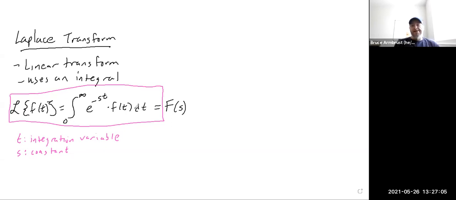All right, so let's talk about this a little bit before we actually calculate some of them, and think about some of the things we have to worry about. First of all, this infinity can potentially lead to some issues, right? Hopefully you remember that with improper integrals, sometimes they converge and sometimes they diverge. So specifically, the Laplace transform is only going to be defined when the integral converges.